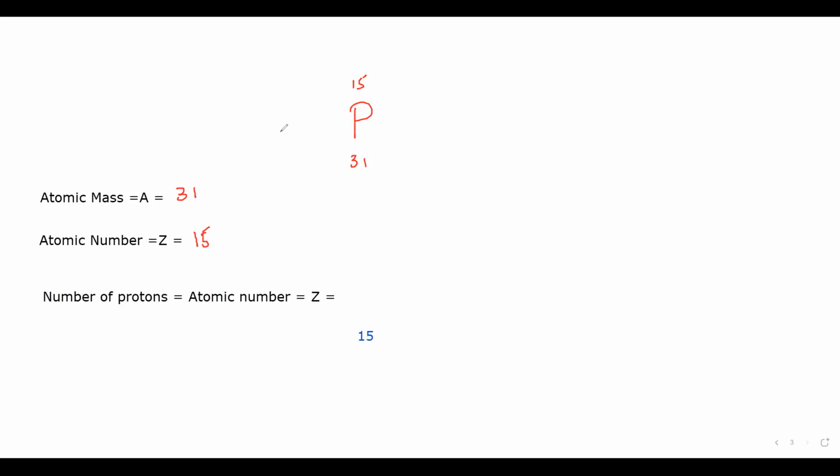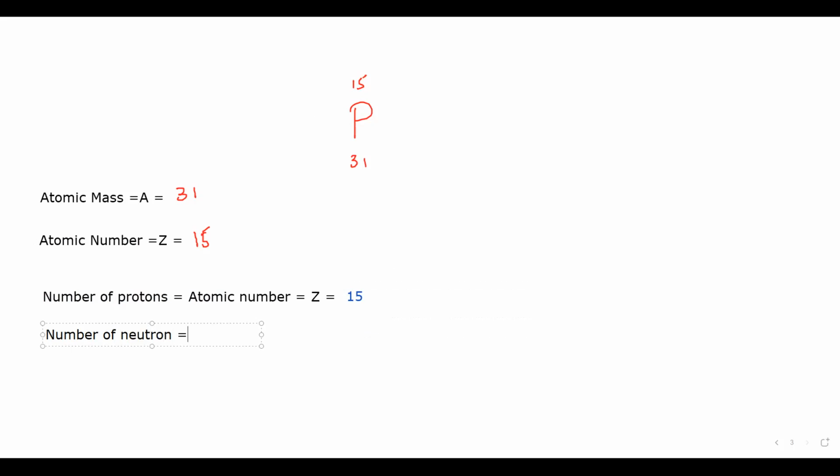So the total number of protons, that's the atomic number, is 15. What about the number of neutrons?